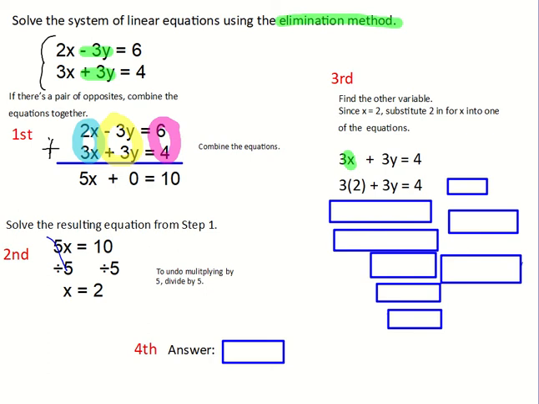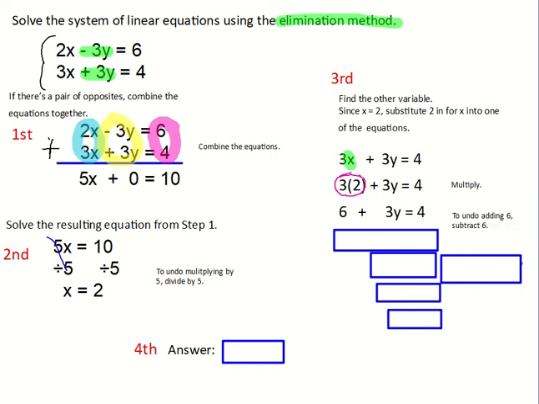To solve this equation for y, start with your multiplication. You have 3 parentheses 2. That just means to multiply. So that's going to be 6. And then I'm going to bring down the 3y and the 4. At this point, we have a two-step equation. So you have to undo the addition or subtraction and then undo your multiplication or division. In this specific problem, we have adding 6.